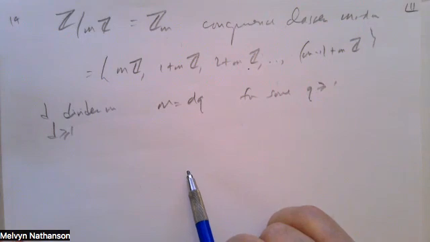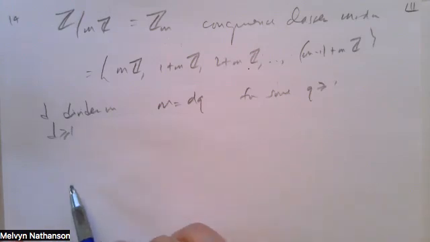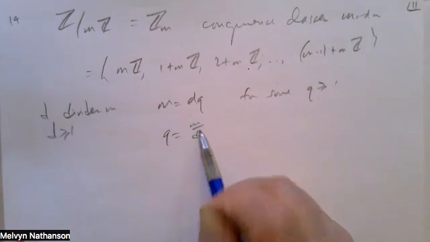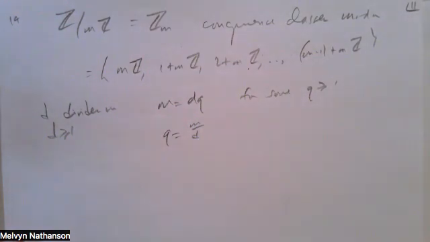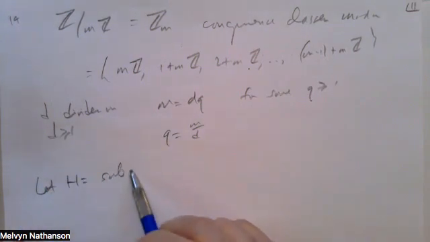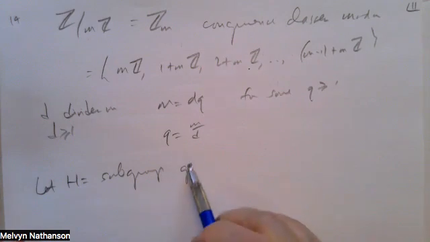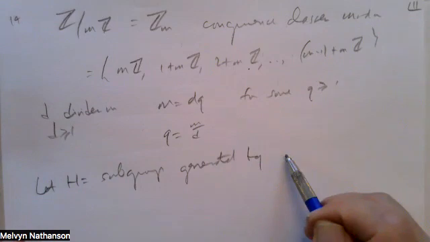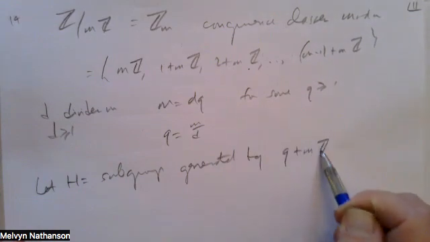So Q is M over D. So suppose I let H be the subgroup generated by Q plus mZ.